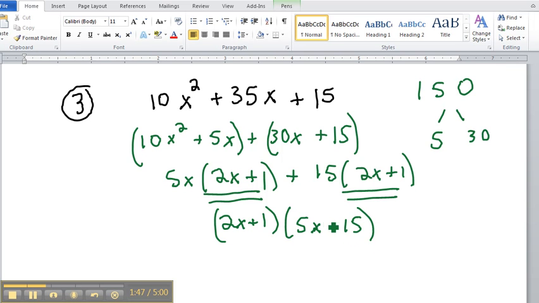And here, normally you would be finished, but the 5x plus 15, you can factor out a 5 here. So I can factor a 5 out here, and I'm left with x plus 3, and I'm going to bring down the 2x plus 1 and just put it on the outside, and this is factored completely.